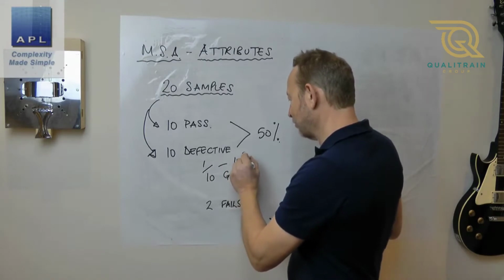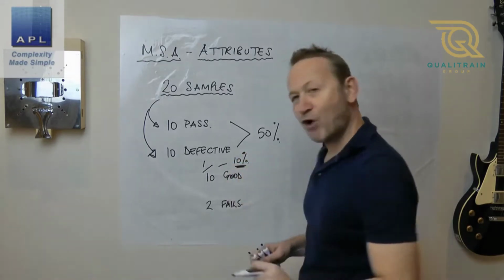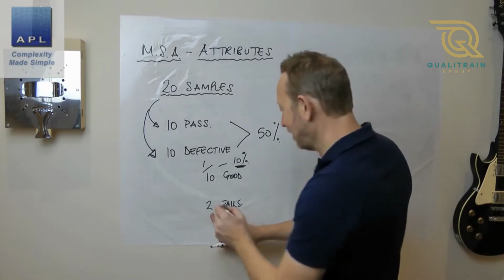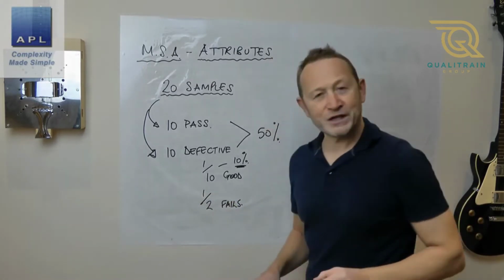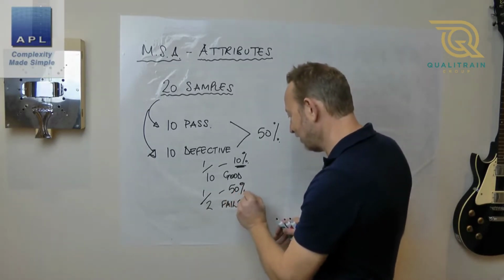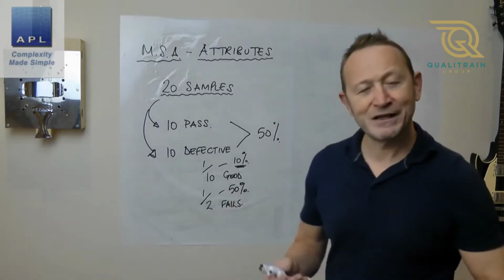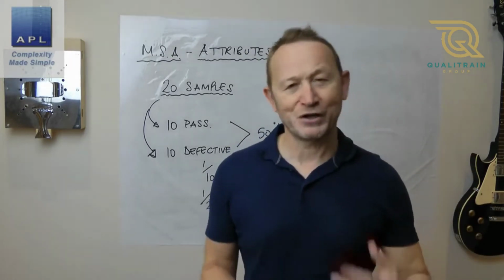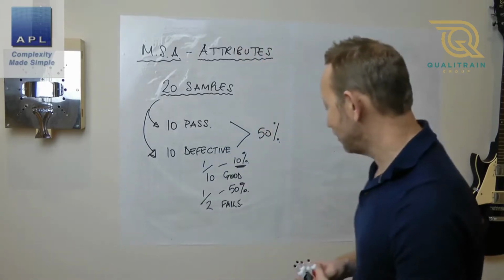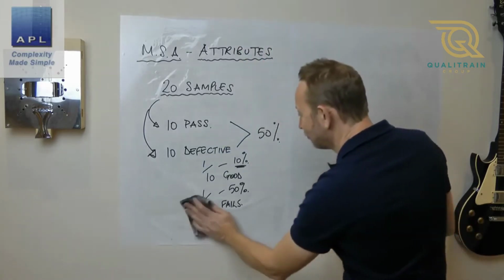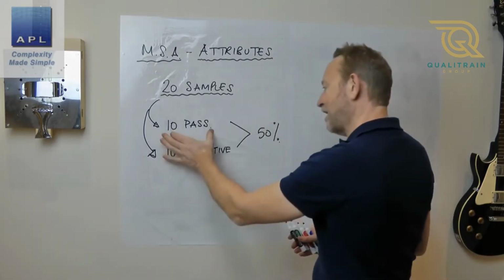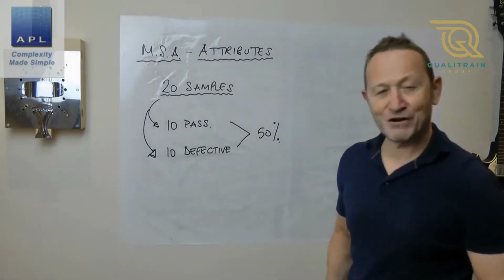So I'm only wrong 10% of the time. But of course, if I make a mistake here, 1 in 2, well, suddenly I'm making a mistake 50% of the time. And now what you're getting is a bias through the statistics. So in order not to create a bias in the statistics, we're going to make sure that we have 10 that pass and 10 that are defective.